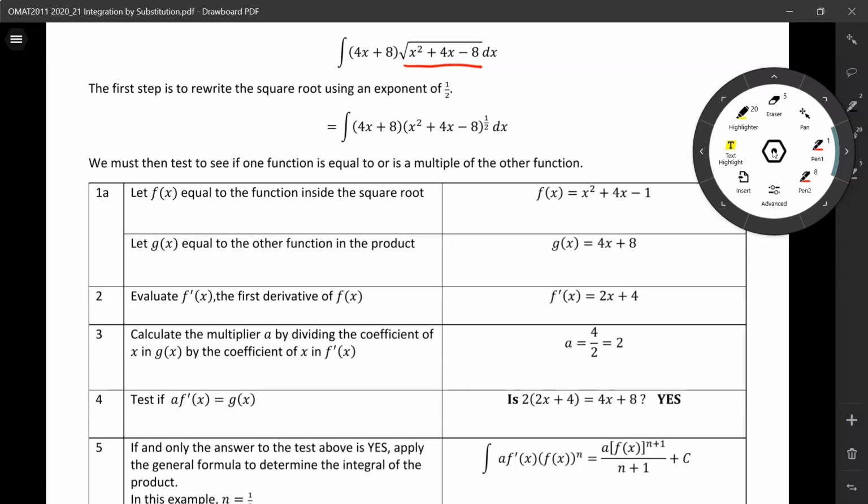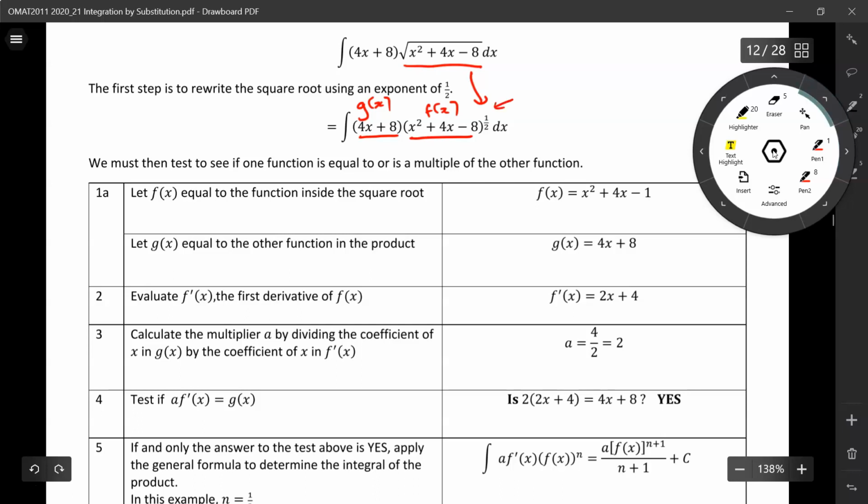So of course what we do is we rewrite the square root with the exponent of a half. So we have 4x plus 8. This is function number 1, and we're going to let that equal g at x. And function number 2 here, we're going to let equal f at x. The only difference here is instead of having a whole power, we have a fraction.